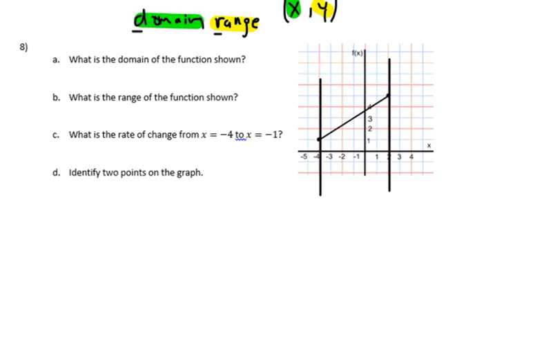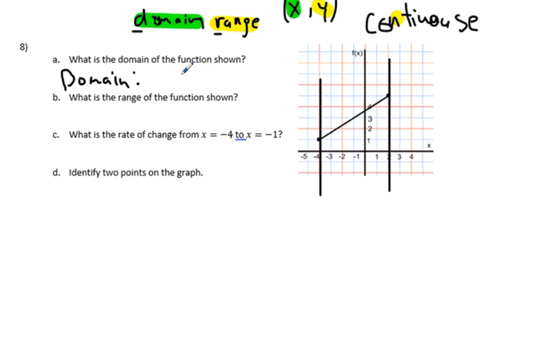Now this is an example of a continuous graph. This is continuous data. So when you have continuous data, it's impossible to list all of the values because between -4 and -3, there's an infinite number of numbers. So we're going to write the domain as an interval.